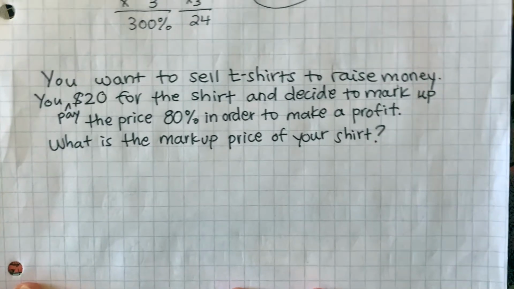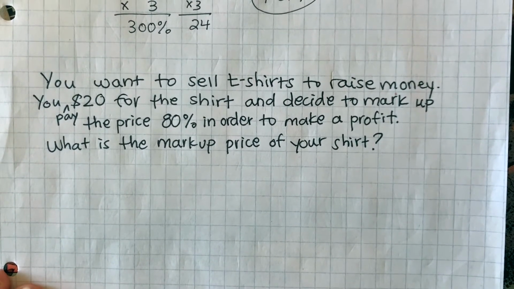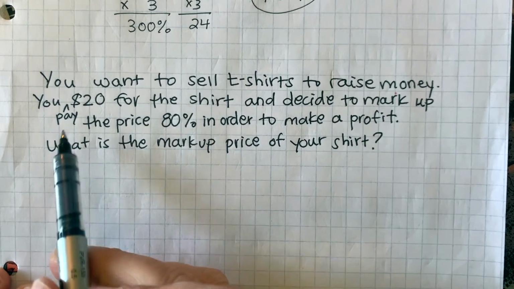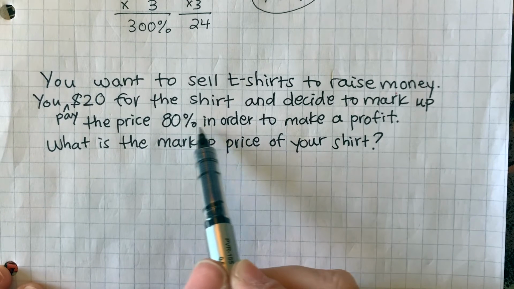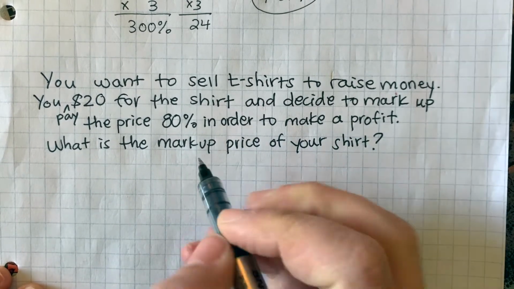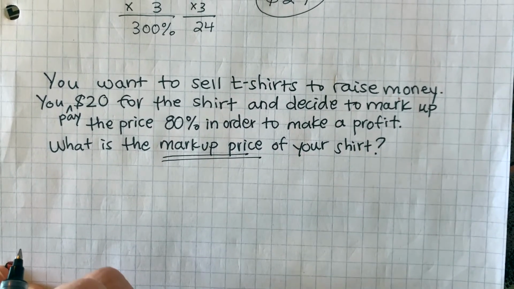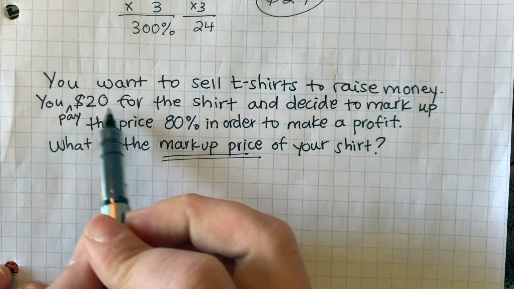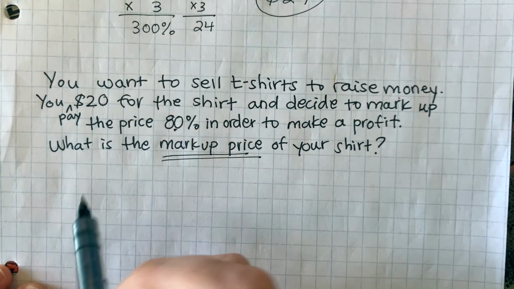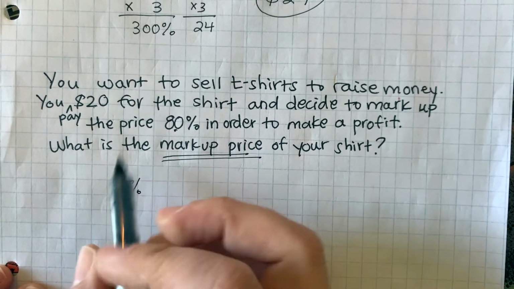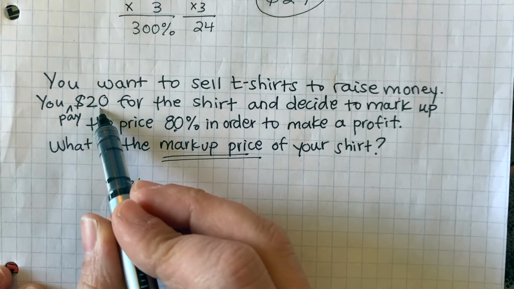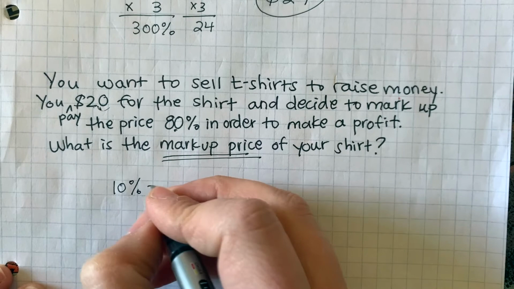Okay, last one. You want to sell t-shirts to raise money. You pay $20 for the shirt and decide to mark up the price 80% in order to make a profit. What is the markup price of your shirt? So the first thing, you need to find 80% of 20. So again, I'm going to use mental math because these are really lovely and easy to do. So 10% of 20, 20 divided by 10 is 2.